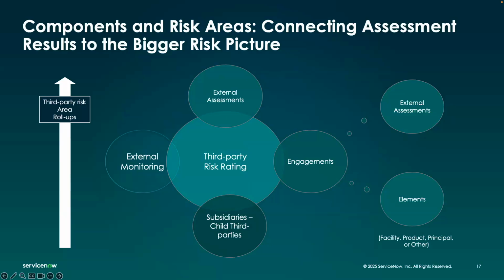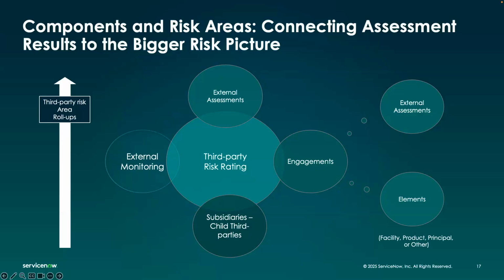Engagements. These are the specific partnerships or business activities that you are conducting with the third party. Engagements themselves actually have two layers: engagement risk assessments and elements. Engagement risk assessments. Risk assessments specifically focused on evaluating the risks related to that particular engagement. Elements. Elements are the external organizations that an engagement relies on to provide goods, services, or support.